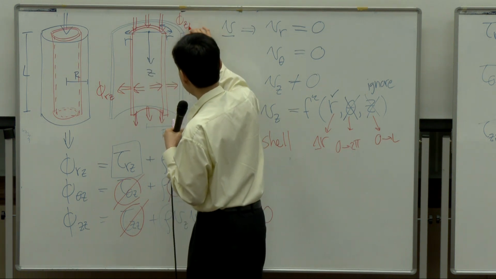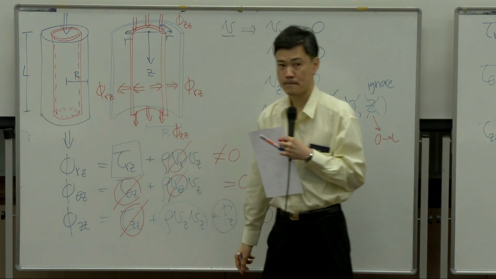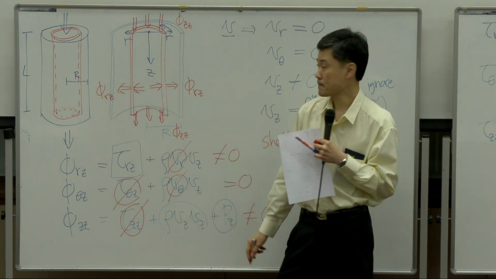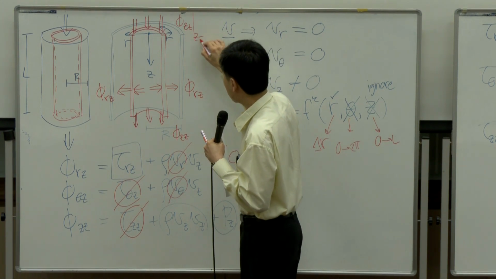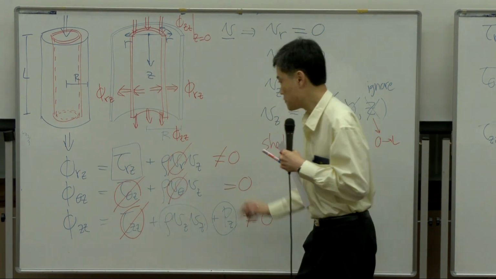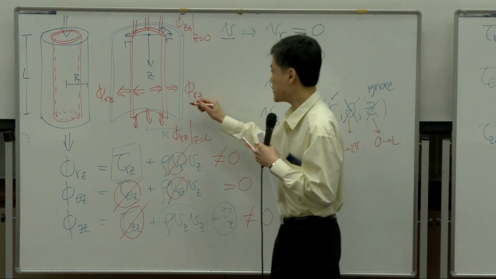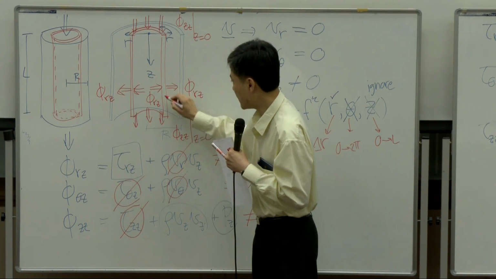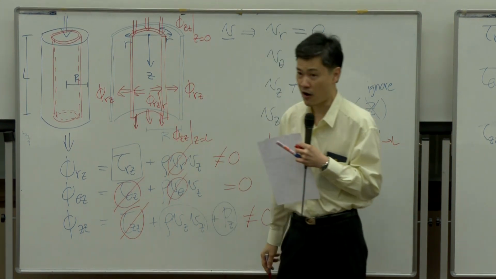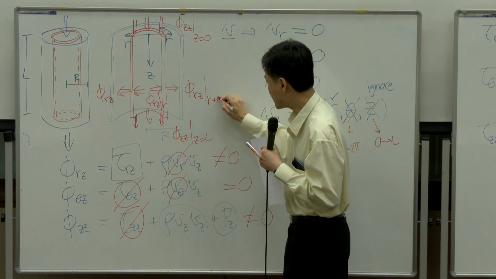This would be ZZ, going in and out. Okay? So, ZZ going in takes place at Z equal to 0, going out at Z equal to L. RZ going in takes place at generic location R, going out at R plus delta R.